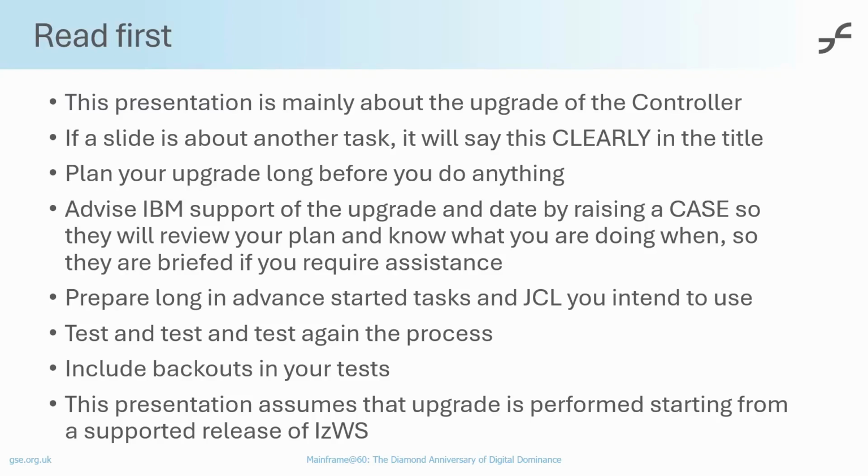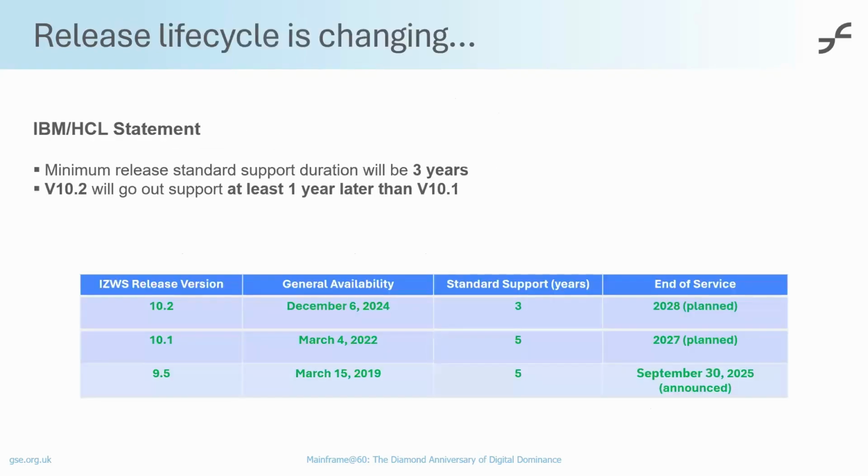So let's go. First, why a presentation about IzWS upgrades? If you took part in the previous session this morning, you probably already know that the release life cycle is going to change. The standard support for 10.2 and new releases after that will be shorter.